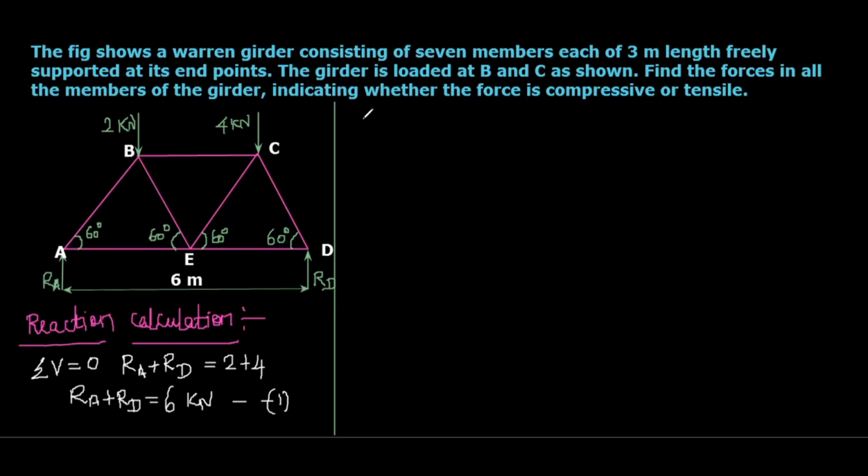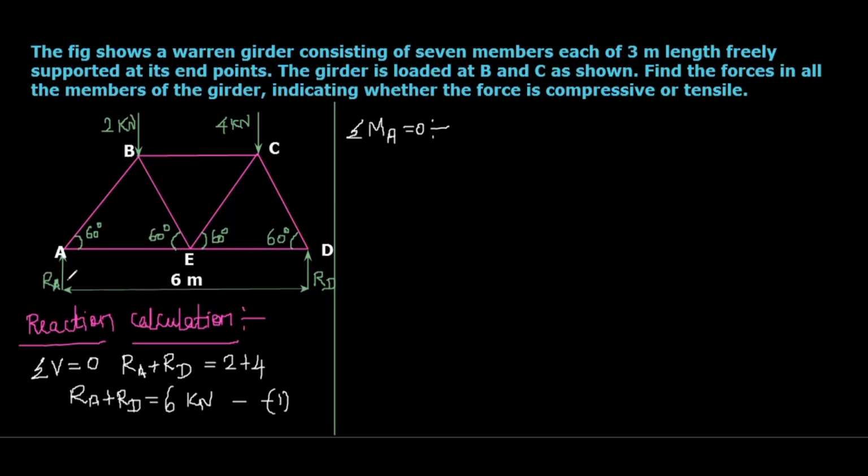Then take moment about any point, preferably from the point A, and equate that to 0. Because if this 7-member structure is in equilibrium, then moment about any point should be equal to 0.